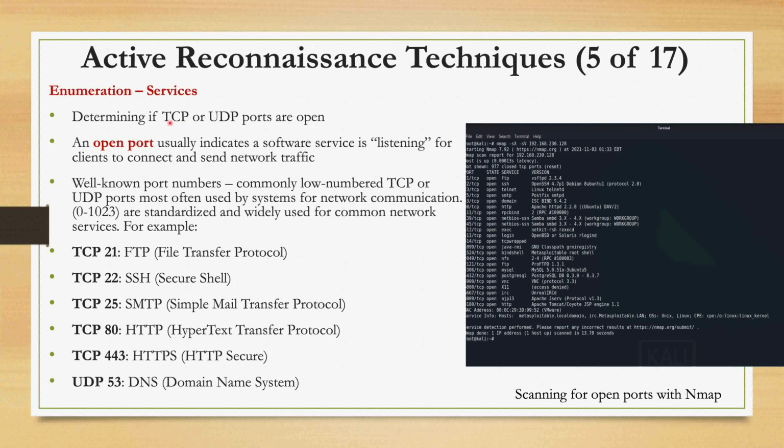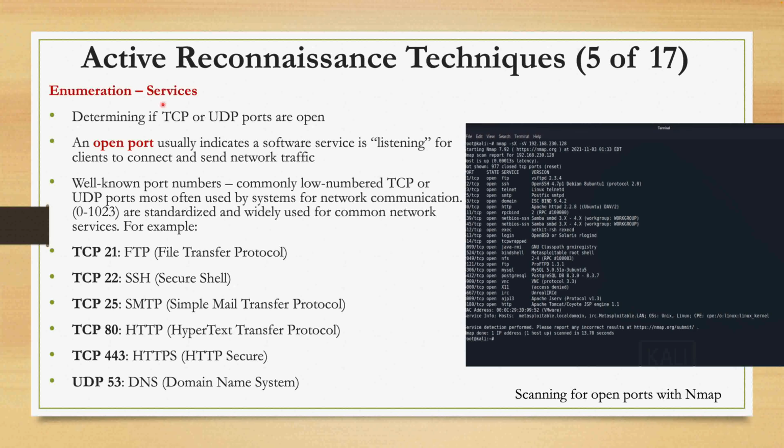Once we figure out that TCP or UDP ports are open, for the second part we need to figure out what types of services are running on those machines. The way it works in enumeration is that we identify active services by determining whether TCP or UDP ports are open on a target system.